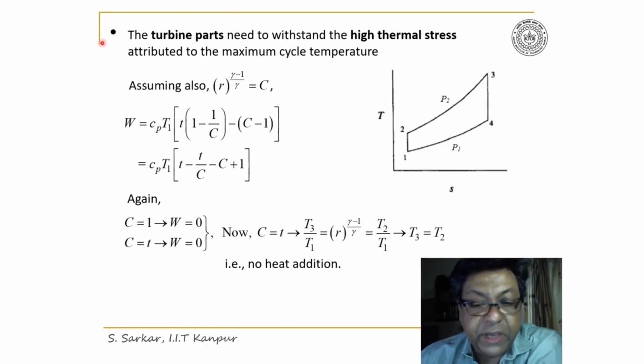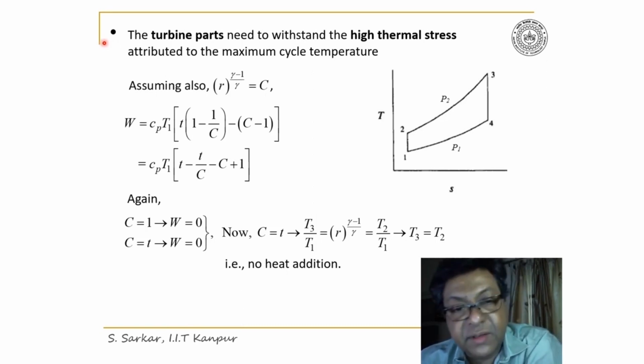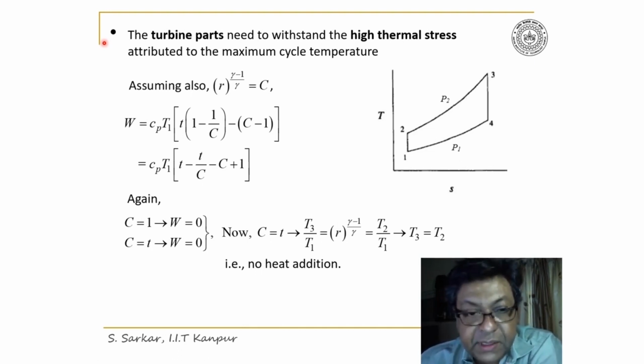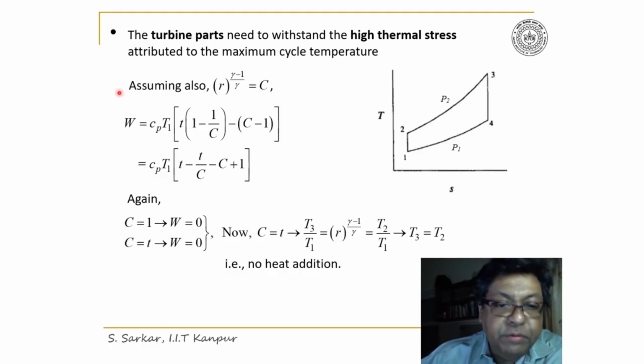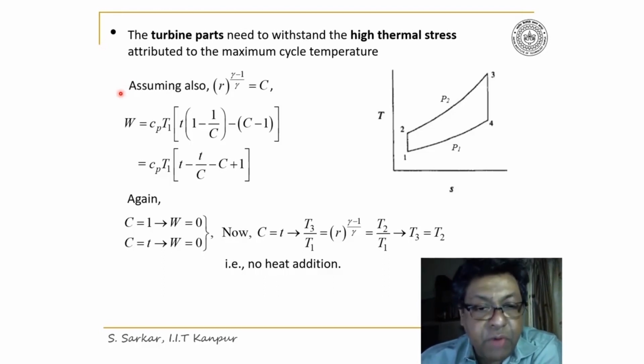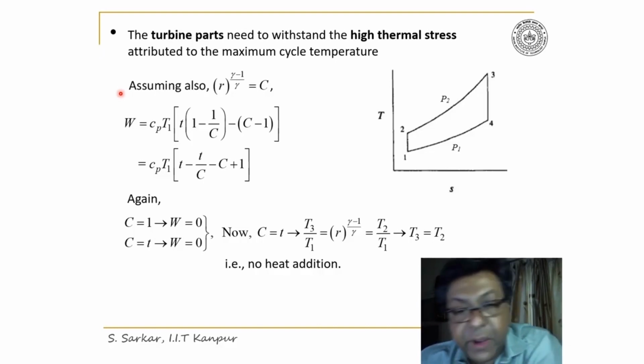Here I would like to express that, with respect to compression, turbine parts need to withstand high temperature and thereby high thermal stress because of the maximum cycle temperature. Now, further we assume another parameter C equal to R to the power gamma minus 1 by gamma.